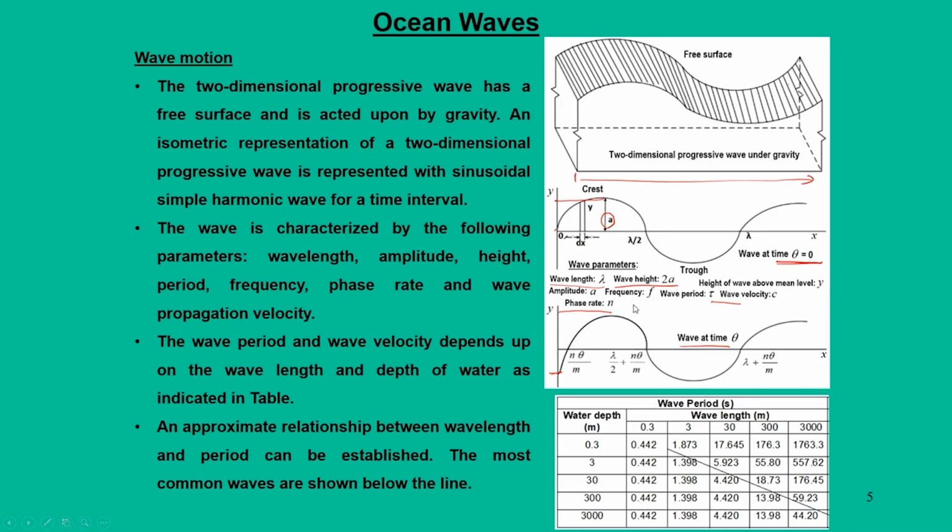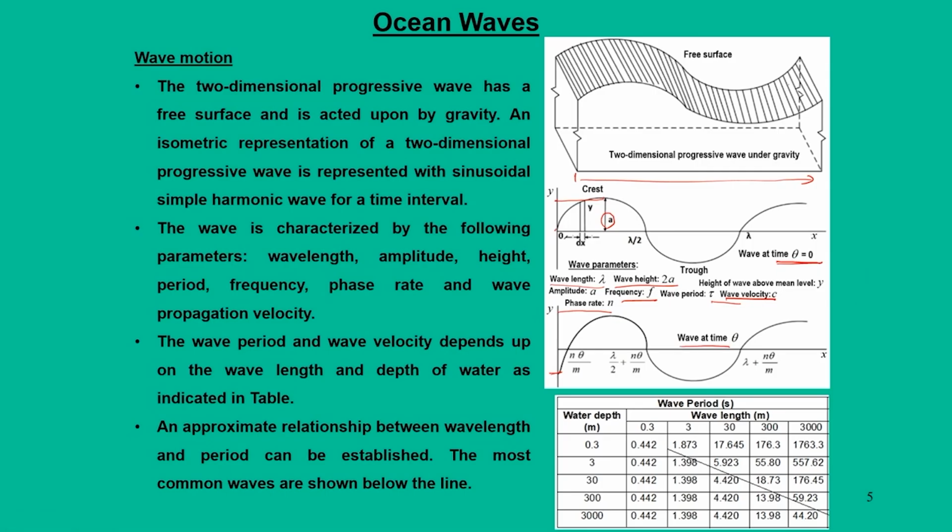Another important parameter is the frequency of the wave, I mean, at what frequency the wave continues, and that is nothing but 1 by time period, 1 by tau. We also define the wave velocity c, that means how the wave progresses in the x direction.